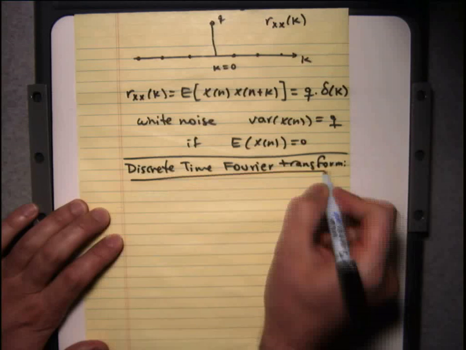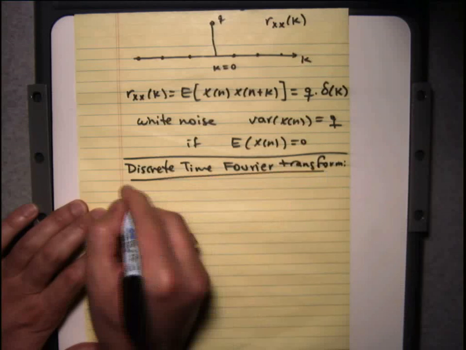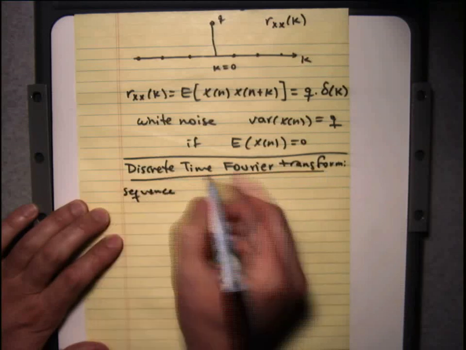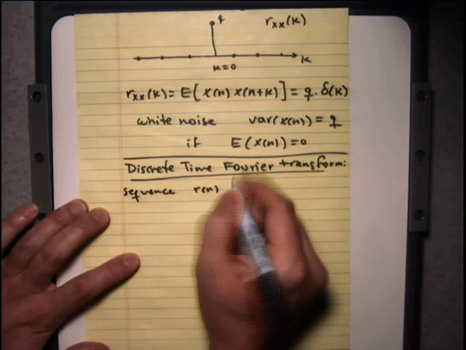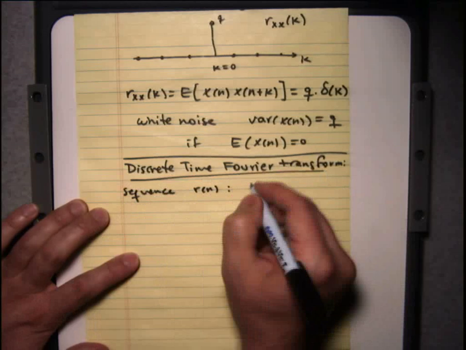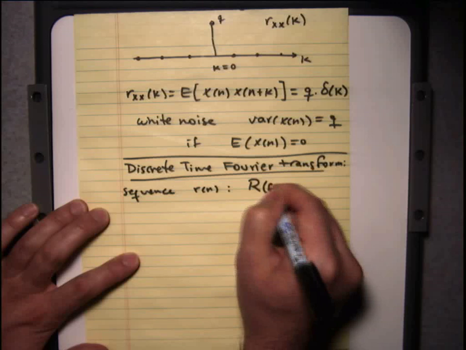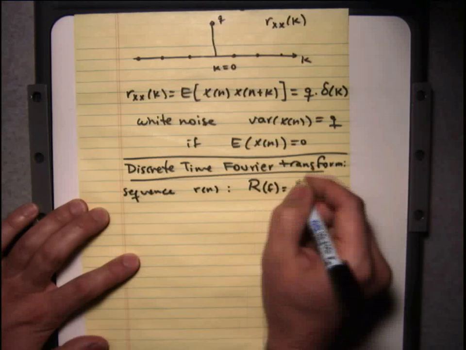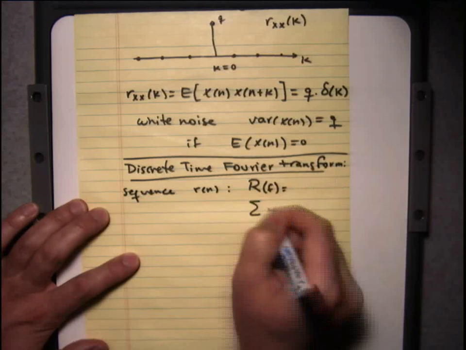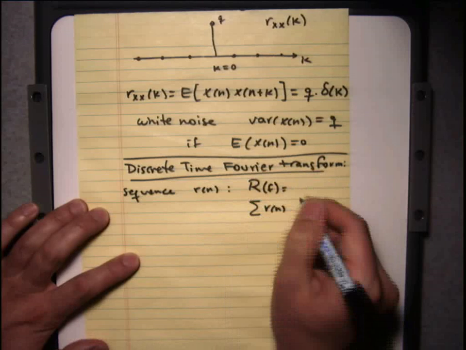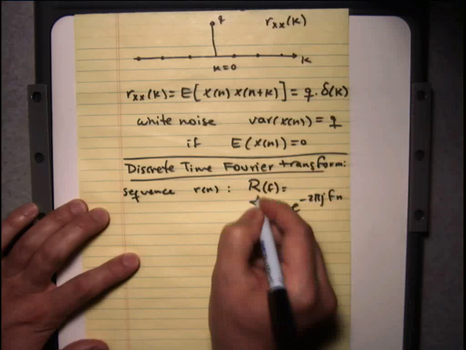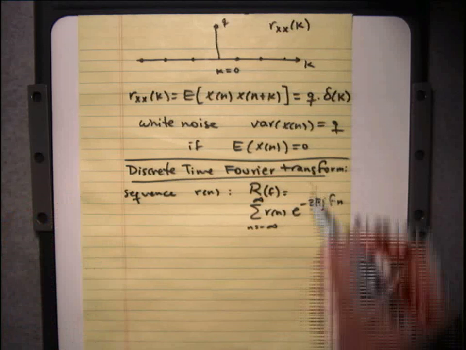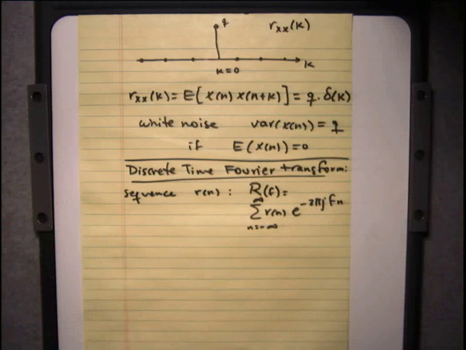This is just a reminder that if you have any sequence, let's say R of n, then the Fourier transform R of f is the sum of R of n e to the minus 2 pi j f n, where n equals minus infinity to infinity. This is just the definition of the discrete time Fourier transform for any sequence R of n.